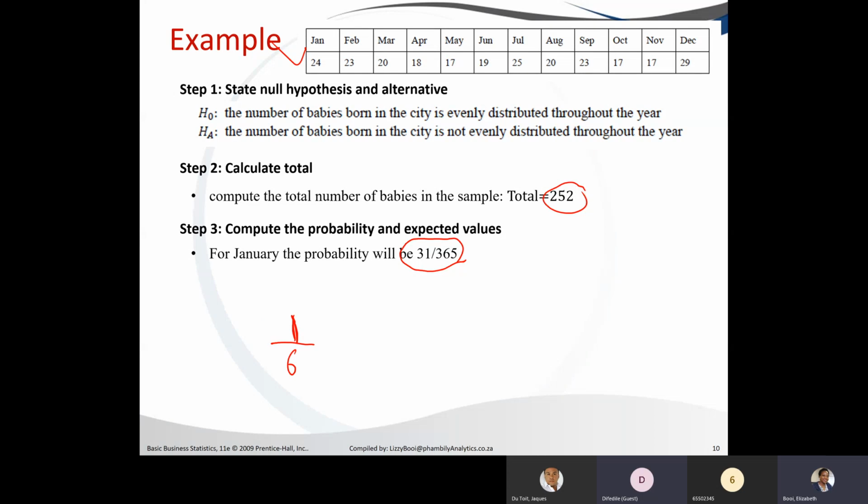And then for this one, because January has 31 days, February has 28 days, March has 31 days, April has 30 days, and so forth, you just use those days to calculate the probabilities. But otherwise, they will give the probabilities. They will say probability for 1 will be 0.6, probability for 2 will be 0.4, probability for 3 will be 0.1.